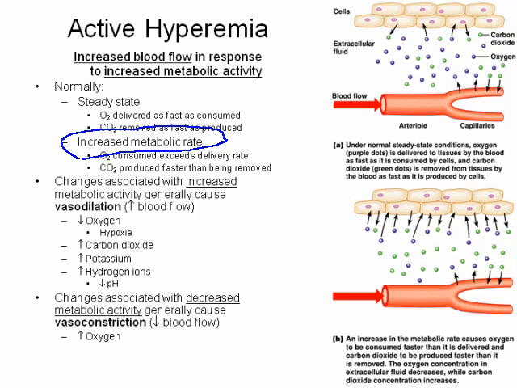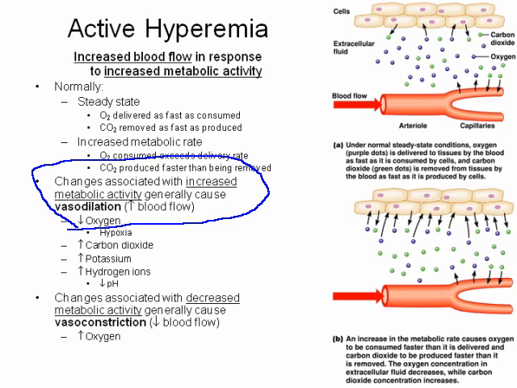But if you increase metabolic rate, the oxygen consumption is increasing, so we need to provide more oxygen to the tissue. And of course, the CO2 production is increasing, so we need to have more blood flow to remove the CO2. So with active hyperemia, these changes associated with increased metabolic activity cause vasodilation.